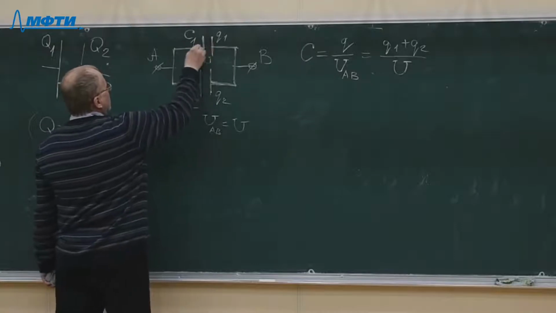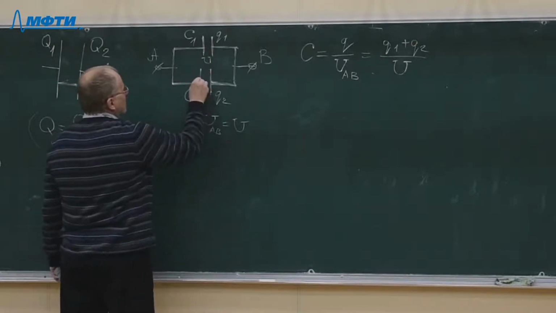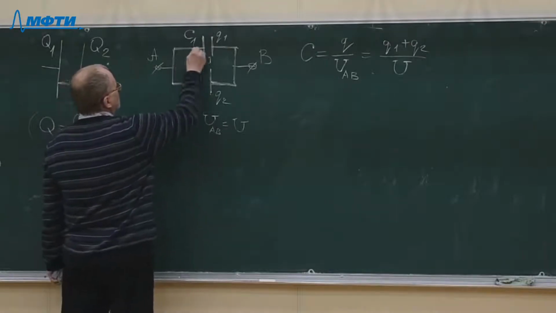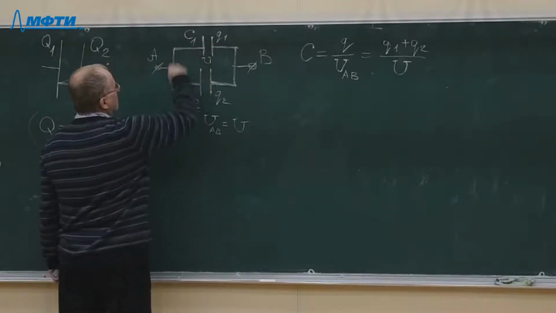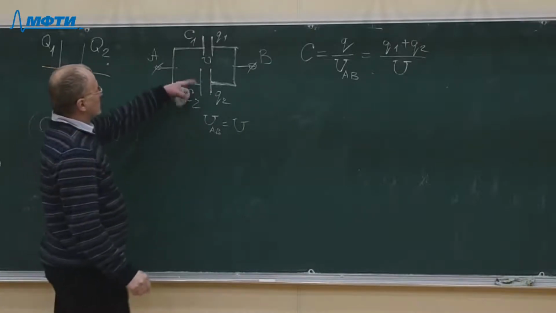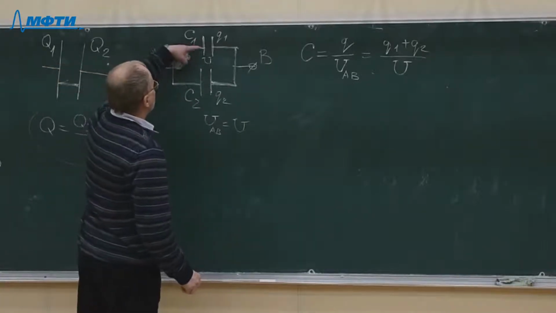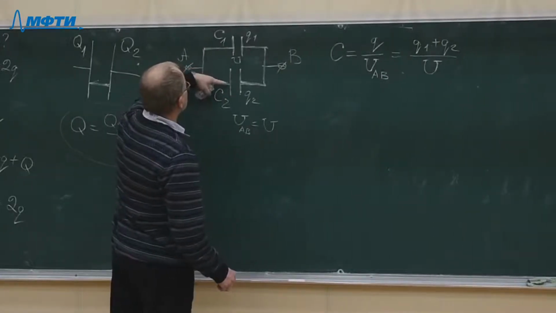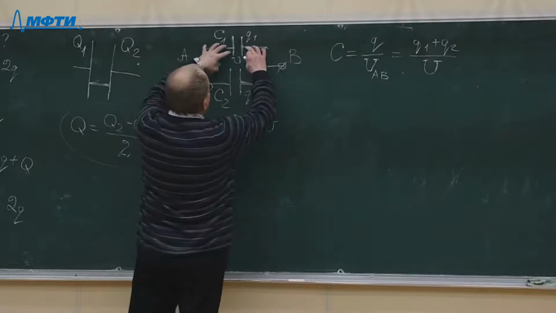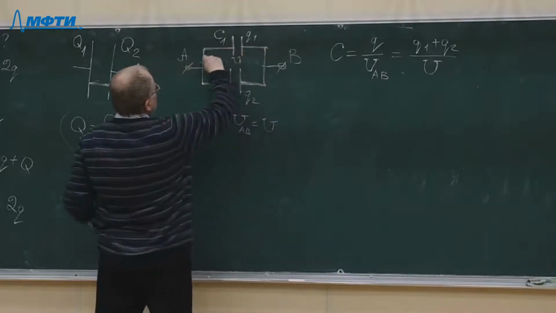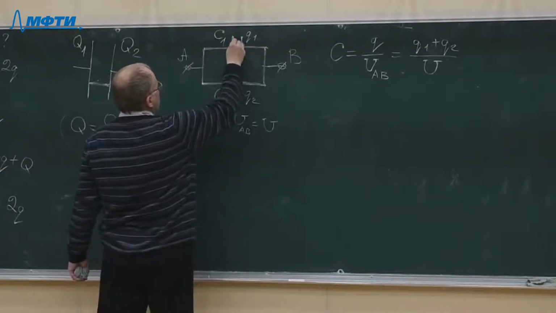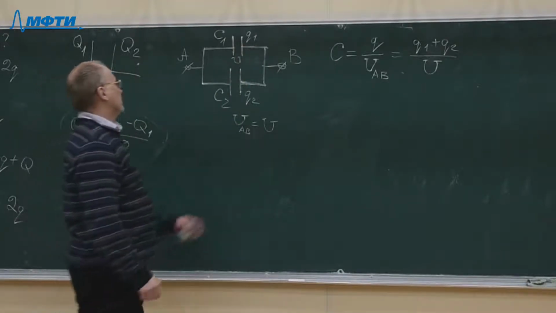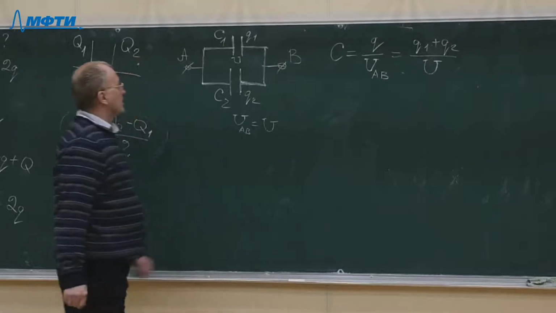It is a single piece of metal, and potential difference between any two points here is zero. So this part of the circuit has a single definite potential, and the potential difference will be the same between the left and right plates of any capacitor if these capacitors are connected in parallel.